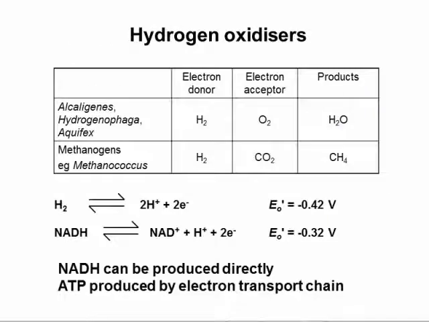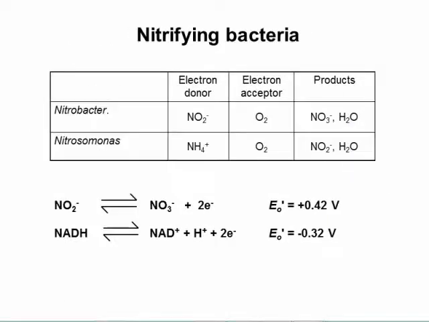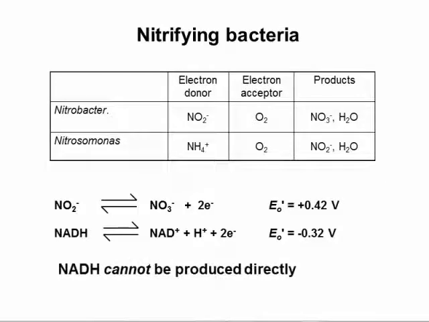So how do these bacteria produce NADH? What can they produce? These electrons can be transferred onto oxygen, right?